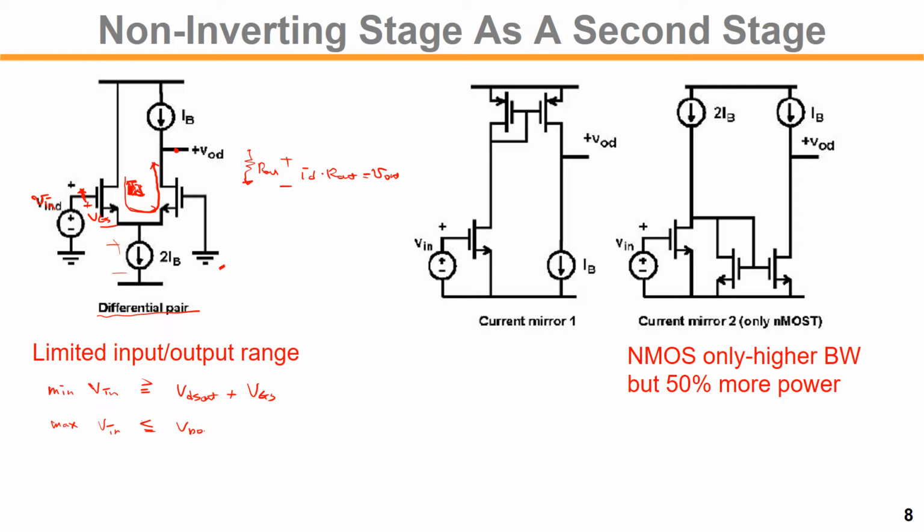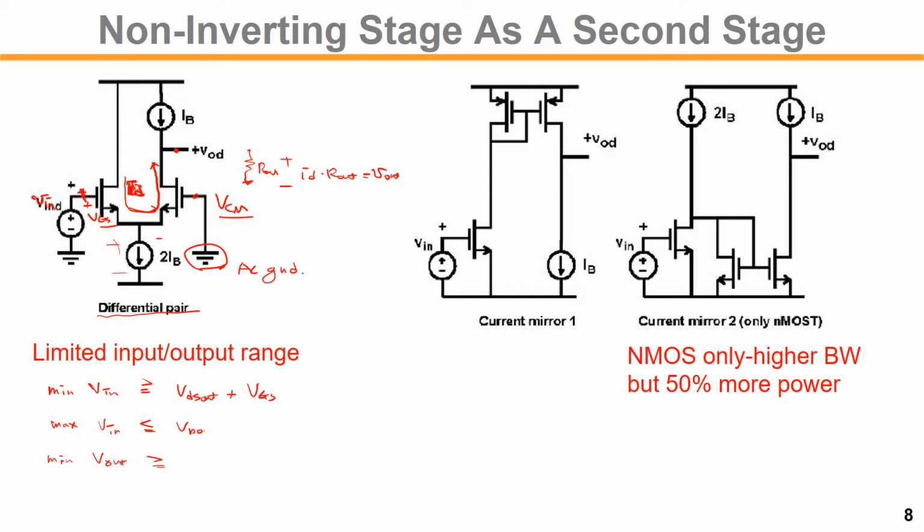For the output, the minimum Vout must be greater than what? Here, once Vin is tied to the common-mode level, let's say VCM, this is the AC ground.